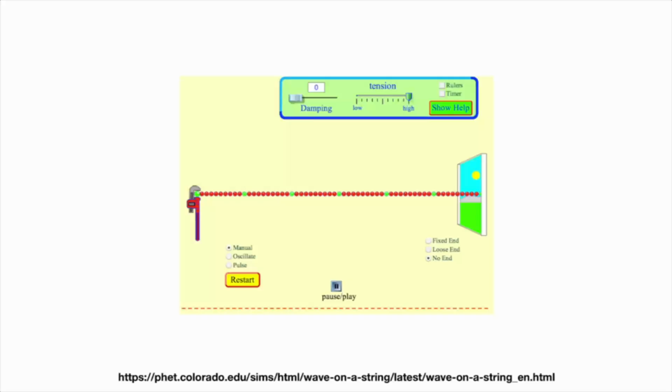If you look at all the different red dots that make up this wave, they're doing something differently than the one right next to them. We say that they are slightly out of phase from each other. If they were all in phase, they'd all be bouncing up and down with exactly the same timing. All reaching amplitude at the same time, all reaching the equilibrium at the same time, and so on and so forth.